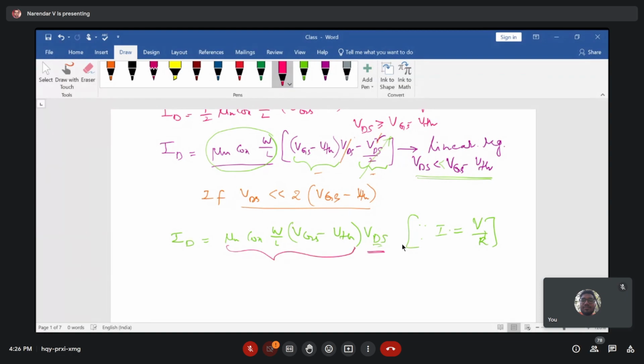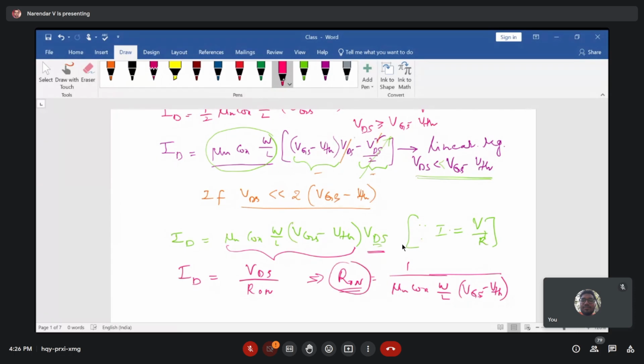So ID is equivalent to VDS by R on, where R on is equal to half, 1 over mu n COX W by L into VGS minus VTH. This is referred to as the linear resistance of your device, or you can call it the on resistance of your device.